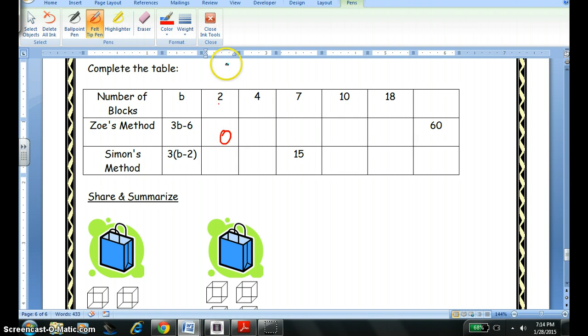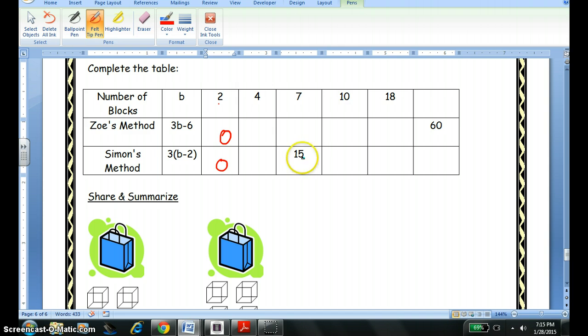And then if I decided to do Simon's method, I would have 2 blocks in each bag. If I take those 2 blocks out, I have none left. 3 times nothing is still nothing, and so I would end up with 0 blocks. So it's 2 different ways to show the same thing. And then here I have this and I have this, and I'm not going to show you the answers, but it's something to think about.